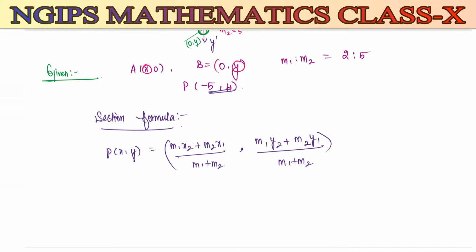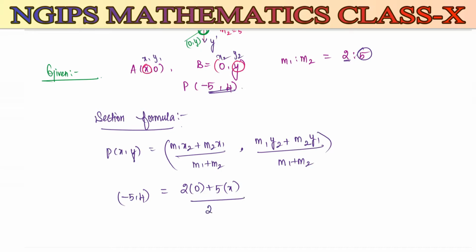So x comma y we have minus 5 comma 4 is equal to M1 value it is 2. So 2 x2 value here, this it is x1 y1 and here x2 y2. So x2 value it is 0 plus M2 value it is 5, x1 value it is x divided by M1 plus M2.